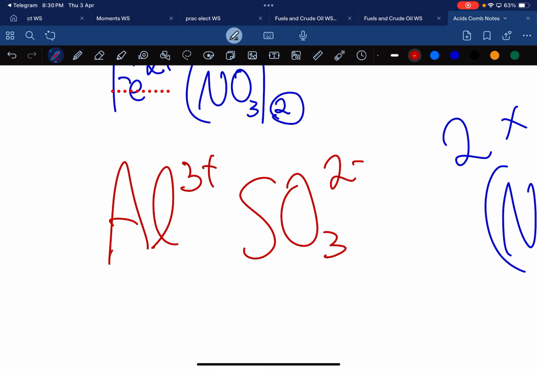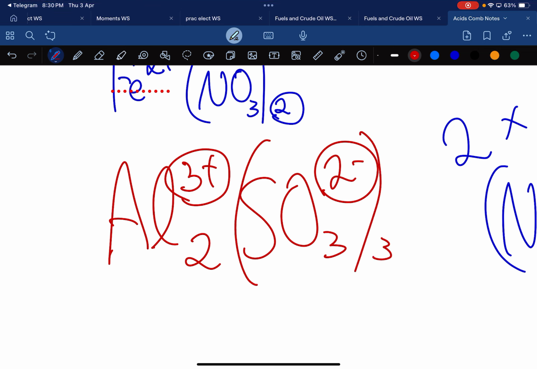So, how many ALs do I have? 6? What? No. If 3 and 2, what do you do? I will need 2 of this, and I will need 3 of him to make him 6. 3 times 2, 2 times 3.